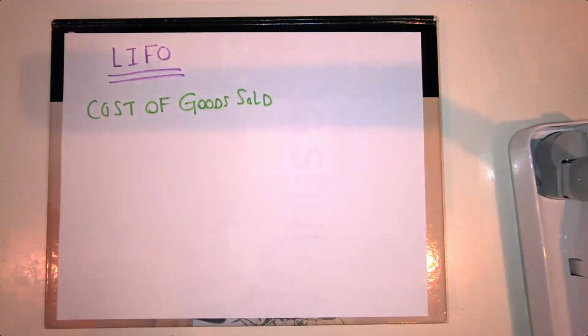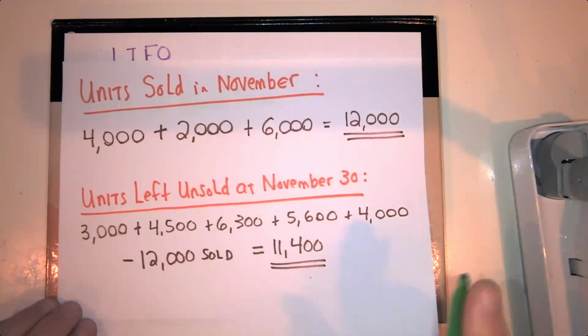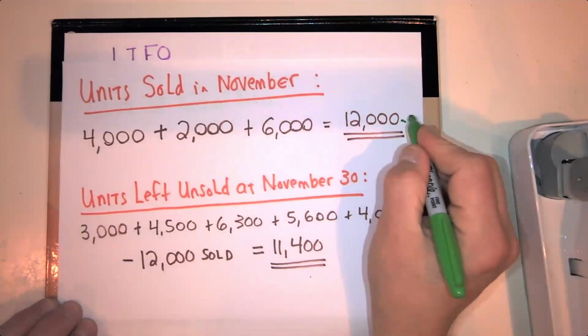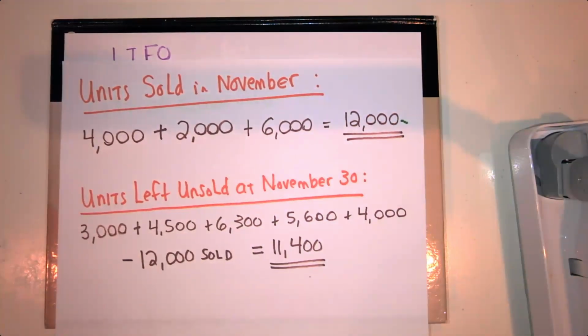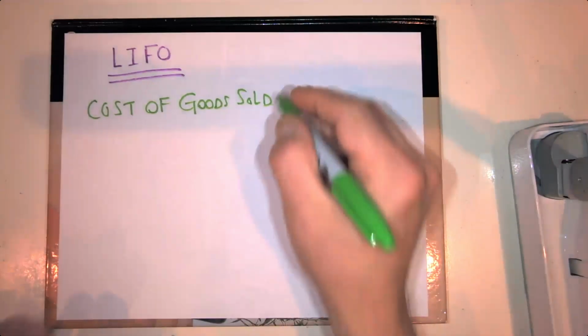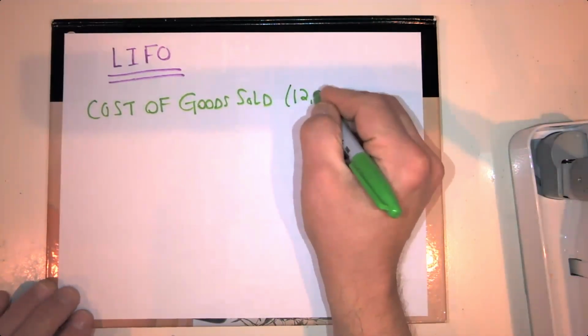I know that in my cost of goods sold, I have to account for 12,000 units sold. That's what we sold to customers. That's the total we have to get to. So for our cost of goods sold, we need to account for 12,000 units.